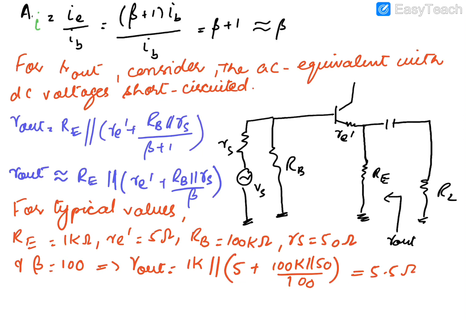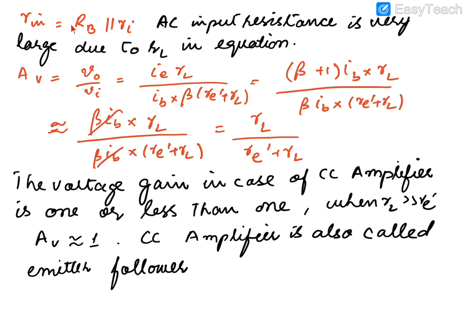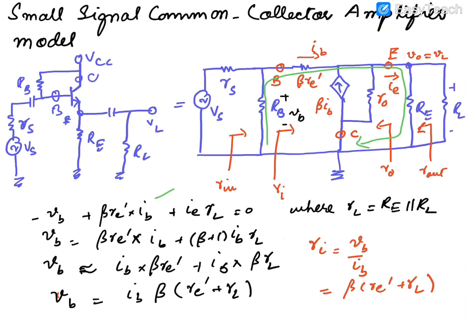So you can see that the output resistance of the common collector amplifier is much smaller as compared to other configurations. Also its input resistance is much higher as it's the parallel combination of RB and RI, and RI is also large as it includes the value of beta.